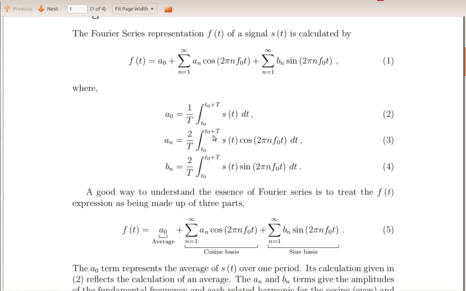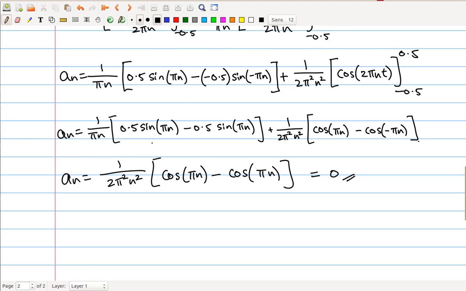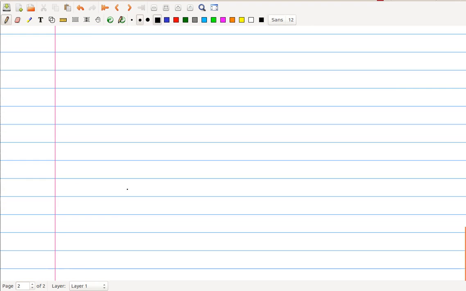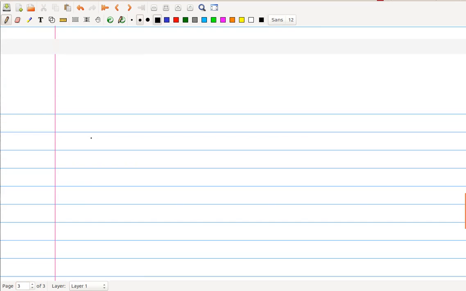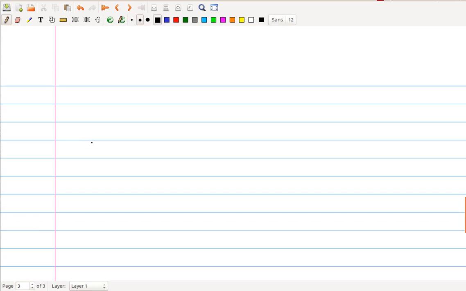Let's go and find out what bn is going to be. Remember, this is a purely odd function, so we expect bn to actually come out with a number. Let's have a look at that. I'll start a new page because I'm expecting this to be long. Calculation of bn.